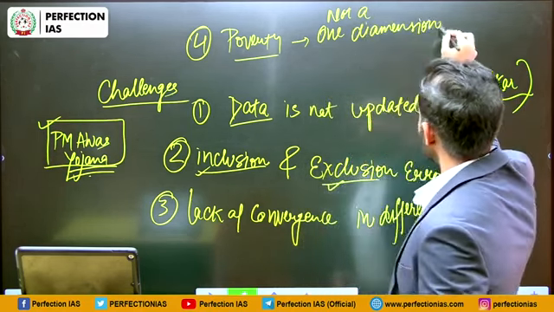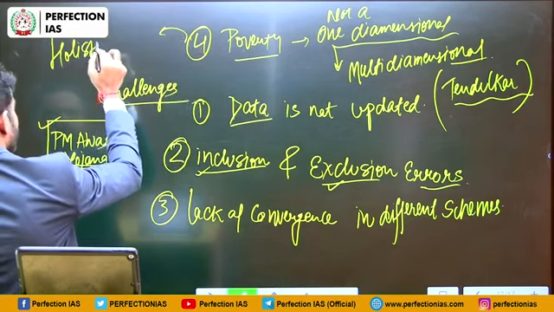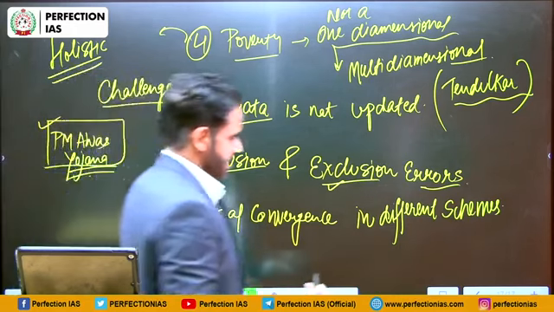It is multi-dimensional. That means government needs to follow a multi-dimensional approach, or to be specific, a holistic approach for poverty eradication. Apart from that, there is a problem in the implementation.